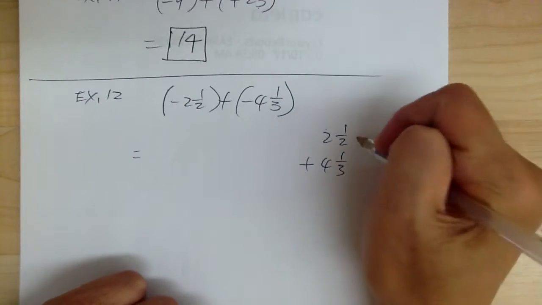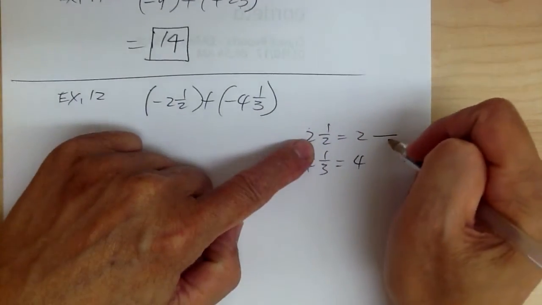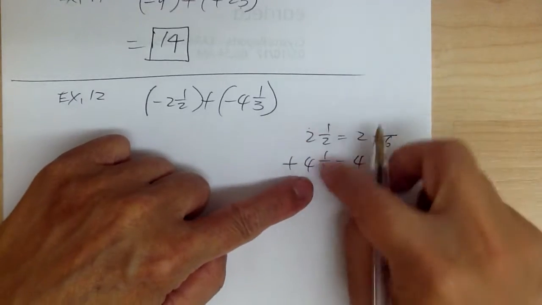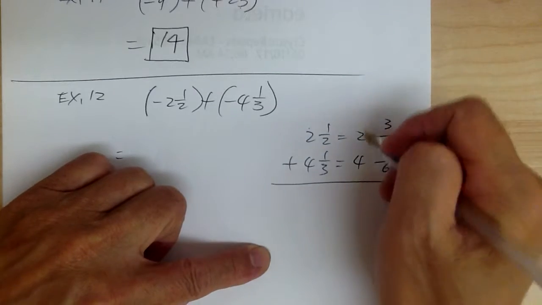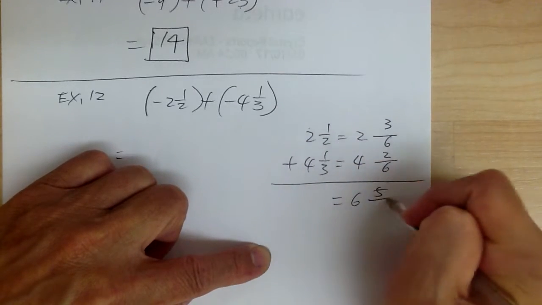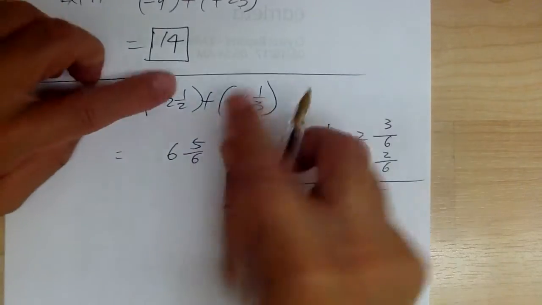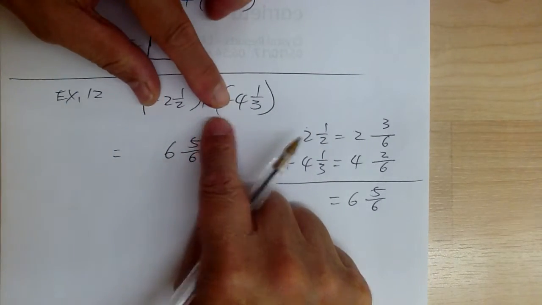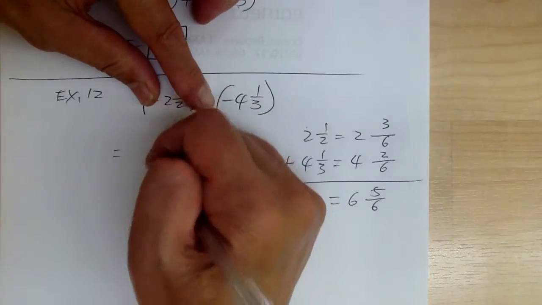You want to make a common denominator, so it would be 6. 2 and 3 make 6, so this would be 3, and this would be 2. So this will give you 6 and 5/6. Now you cover the sign when you add. Now you uncover the bigger number, it's negative, so the answer would be negative.